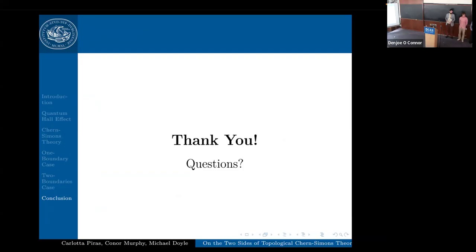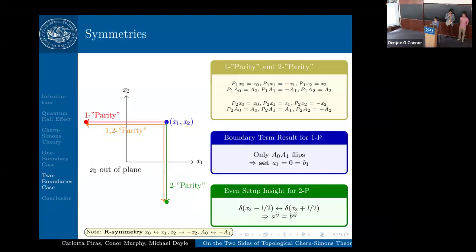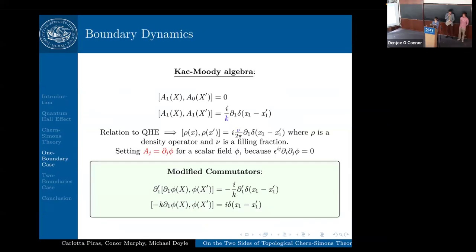In the single boundary case where you analyze the Kac-Moody algebra, I noticed that one of the commutators that were calculated was the A0, A0, and I was wondering why. The way you calculate the commutators is that you obtain a commutator between Ak and A1, so A1 is always going to be in there.